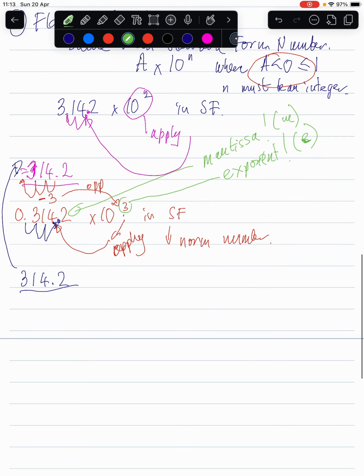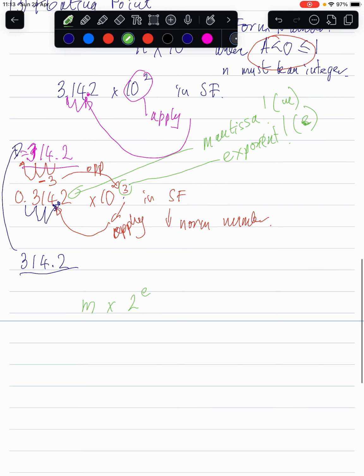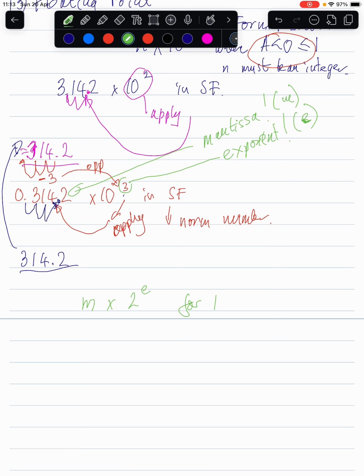Okay, so generally speaking, it's going to be in this form: M times 2 to the E for binary floating point numbers.